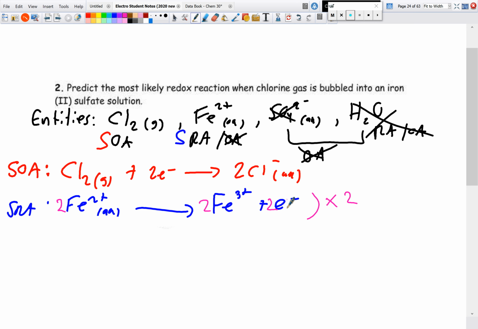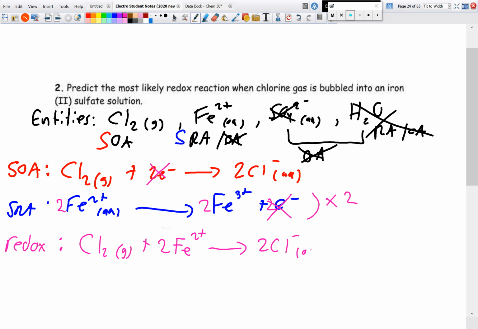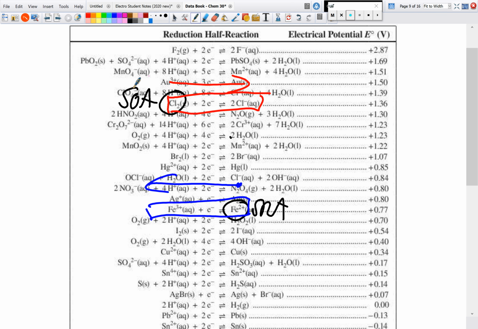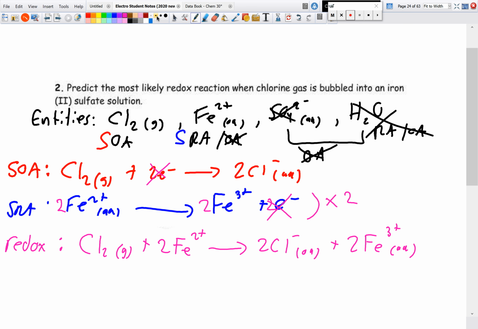So now the electrons cancel out, and what we are left with is Cl2 gas plus 2 Fe2+ produces 2 Cl- plus 2 Fe3+. And of course, we do need to determine if this is spontaneous or not, and we have our strongest oxidizing agent above our strongest reducing agent. So this is indeed spontaneous.